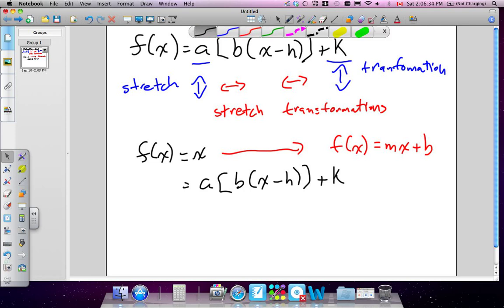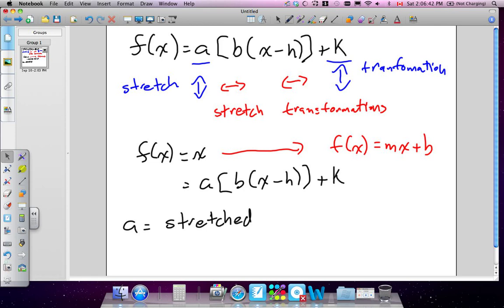First of all, A deals with if it's stretched. Does that look right? Yeah. If it's stretched, then A is greater than 1. That deals with stretching it. So like a parabola, when A is greater than 1, it gets stretched.